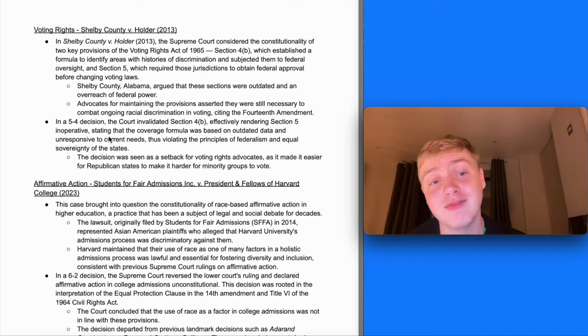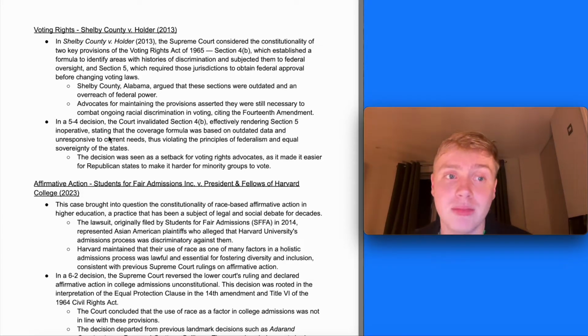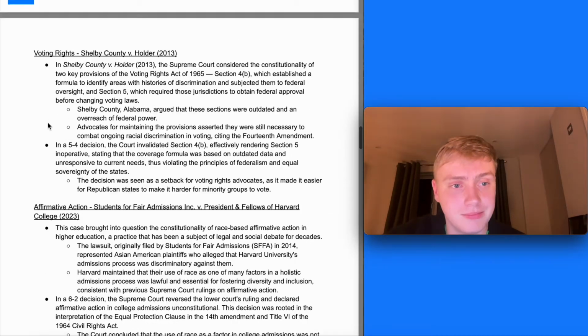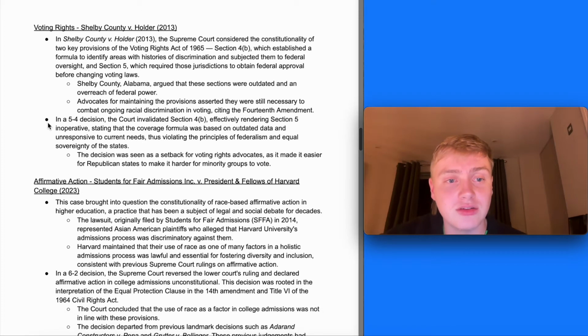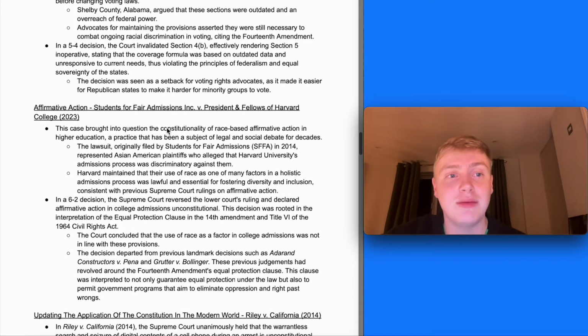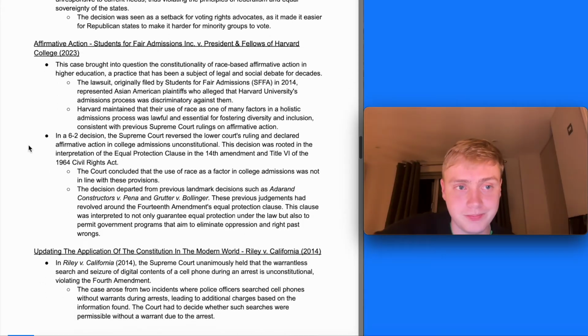And so the court invalidated the first section, Section 4(b), which effectively rendered Section 5 inoperative, stating that the coverage formula was based on outdated data and unresponsive to current needs, and it therefore violated the principles of federalism and equal sovereignty of the states, even though it attempted to tackle discrimination through federal oversight. And the decision was a setback for voting rights advocates, and it made it easier for Republican states to make it harder for minority groups to vote.